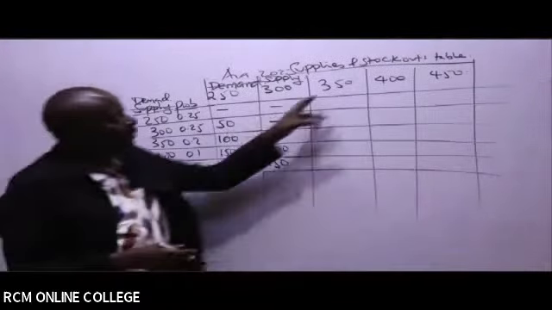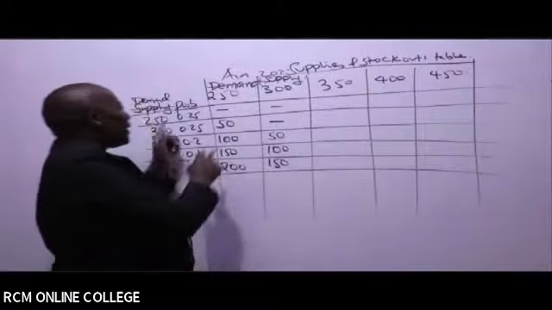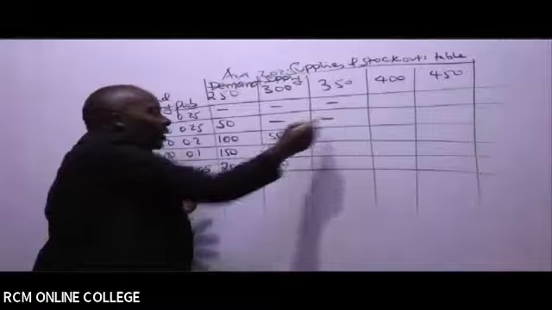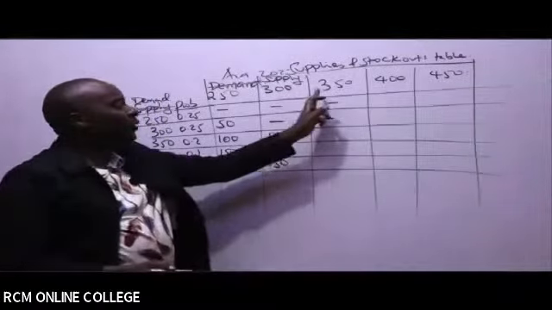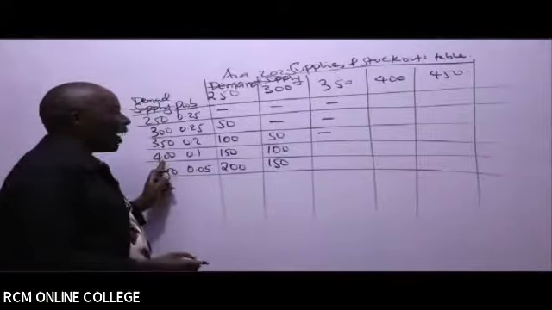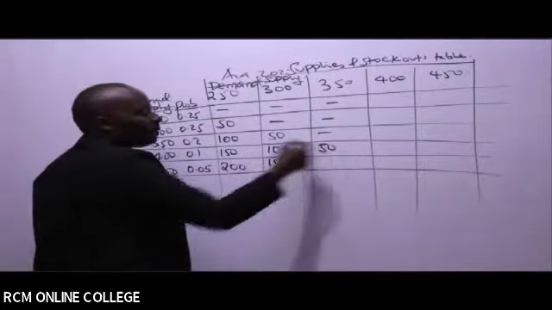So if I was to supply 350 and they come fewer, no disappointment. 350 vis-a-vis 350, no disappointment. But should they come 400, then I disappoint 50.